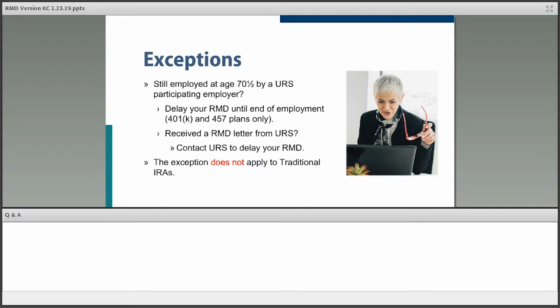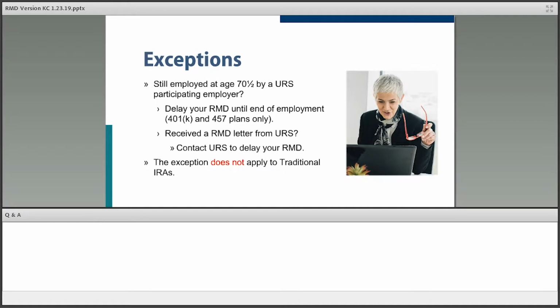If I'm still teaching school with Granite School District at age 70 and a half, I will not need to take a minimum distribution for my 401k or my 457 plan. As you see noted on the very last bullet point of the slide, regardless of my employment status, I will need to take a minimum distribution from my traditional IRA account.